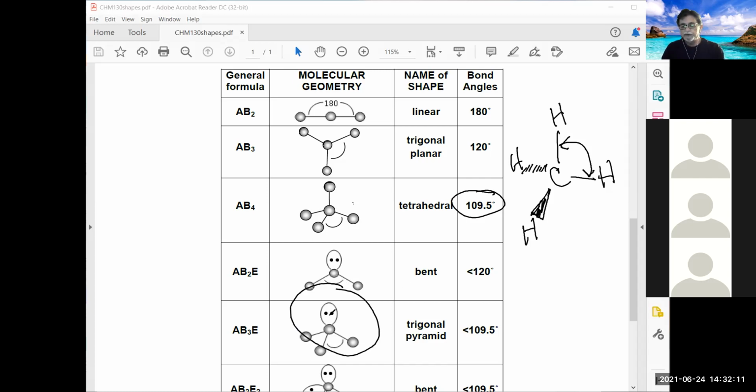When these lone pairs show up on a central atom, and I want to use nitrogen, it's a lot more specific example, we would anticipate a configuration like the tetrahedral.